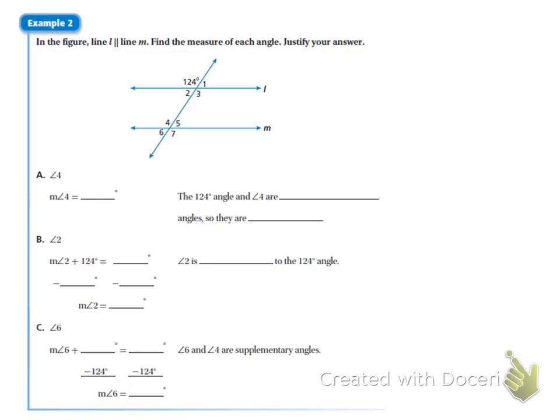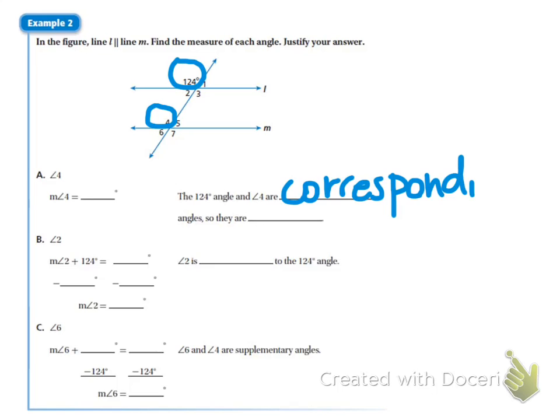It's the same as the one at the top. It's in the same spot. We call that corresponding. When you take geometry, one of the proofs and theorems that you're going to use is corresponding angles are congruent. So you're just learning that for the first time. Corresponding angles are congruent. So we have 124. Check.